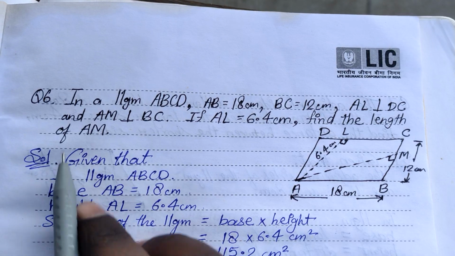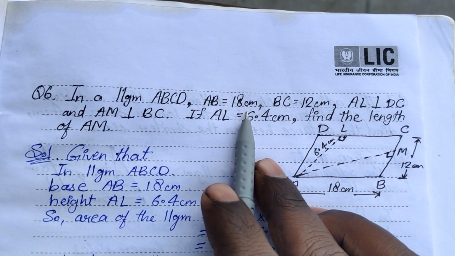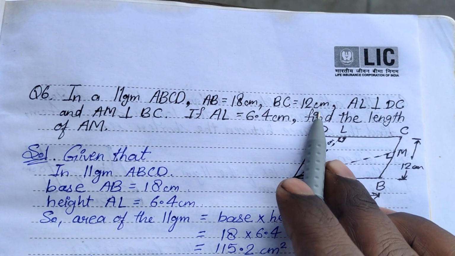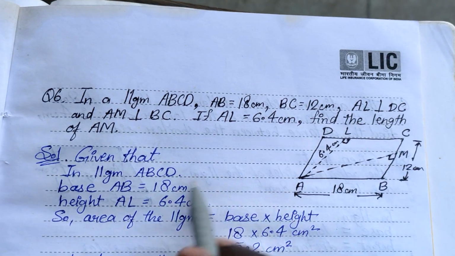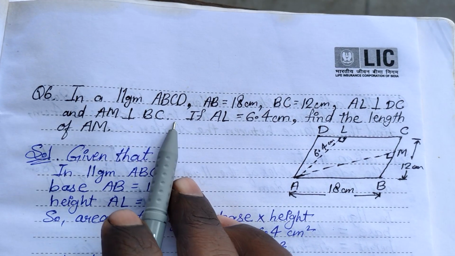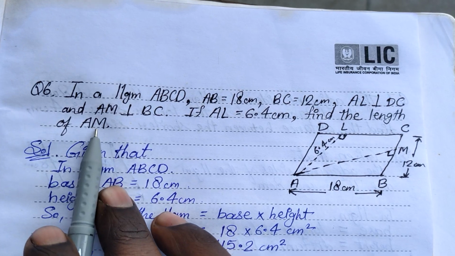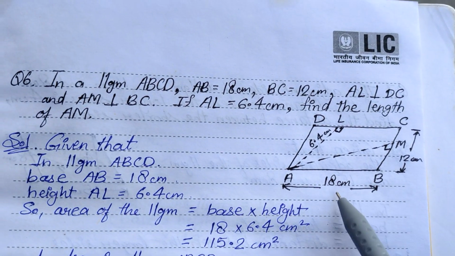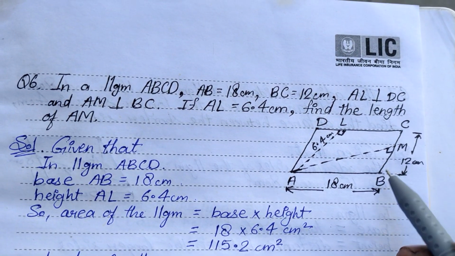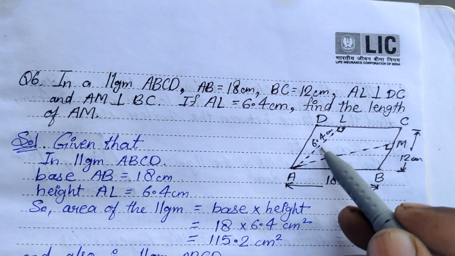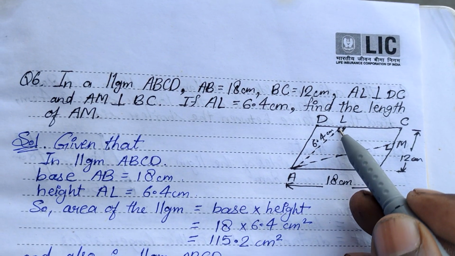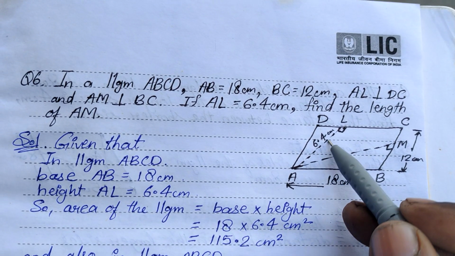Number 6. In a parallelogram ABCD, AB is equal to 18 cm, BC equal to 12 cm, AL perpendicular to DC and AM perpendicular to BC. If AL is equal to 6.4 cm, find the length of AM. Now see the figure. AB is equal to 18 and BC equal to 12. Here AL is the perpendicular, and this AL is equal to 6.4.